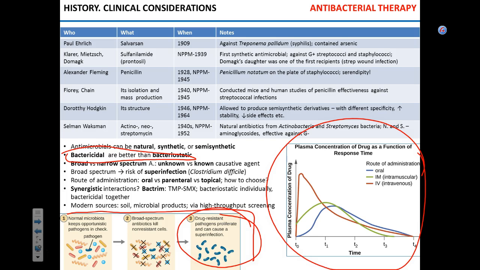And an oral antibiotic, as you can see on this graph, its plasma concentration doesn't elevate as high as it does for IV antibiotics. Okay, so for a non-acute disease, your strep throat, for example, you can get away with an oral antibiotic because your life is not in immediate threat.